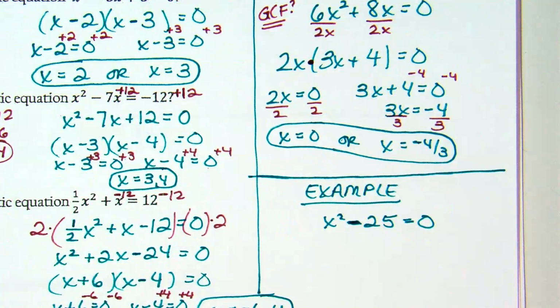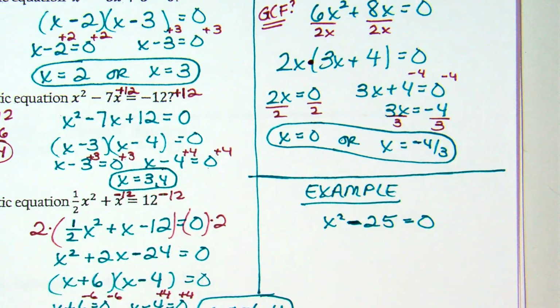This is my last extra example. First of all, does my equation equal 0? Yes. Are there any GCFs? Other than 1? No. Okay, only GCF is 1.